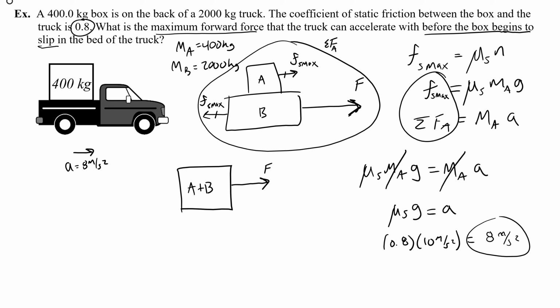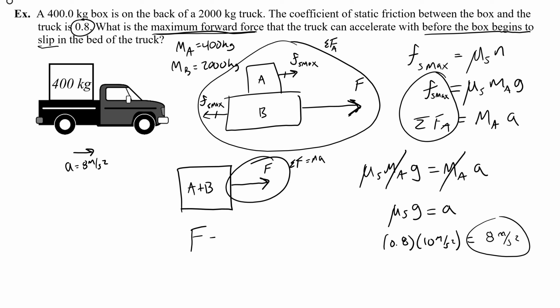Well, so now I know the acceleration of both objects is 8 meters per second squared. And in this problem, we know that this force, the maximum force, is what we're looking for. It's going to depend on that acceleration. So this is the net force. And we can set it equal to the mass of both objects times that acceleration.